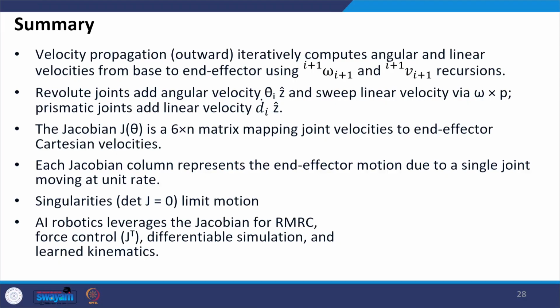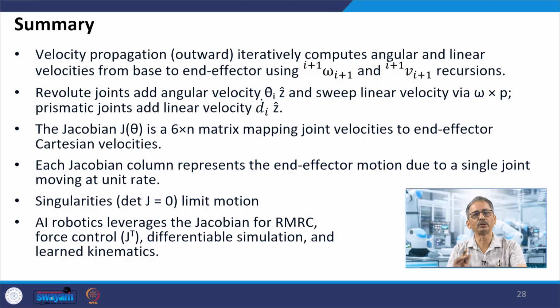Then differentiable robotics, backpropagation through kinematics, is possible, and meta learning for fast adaptation to new robot morphologies. If I want to summarize, we have seen velocity propagation, both angular velocity and translational velocity. Revolute joints add angular velocity and sweep linear velocity, whereas prismatic joints add translational linear velocity.